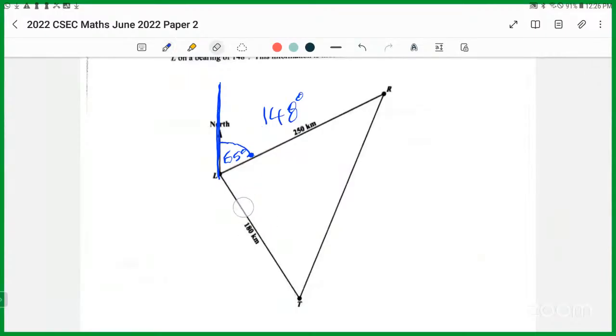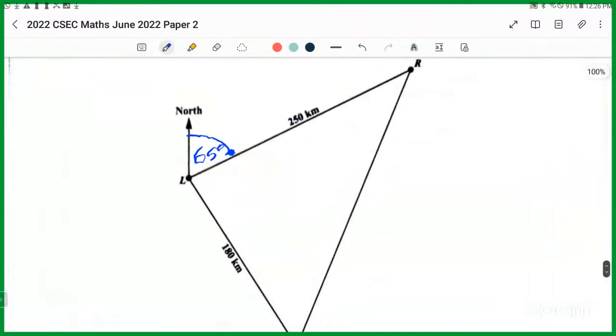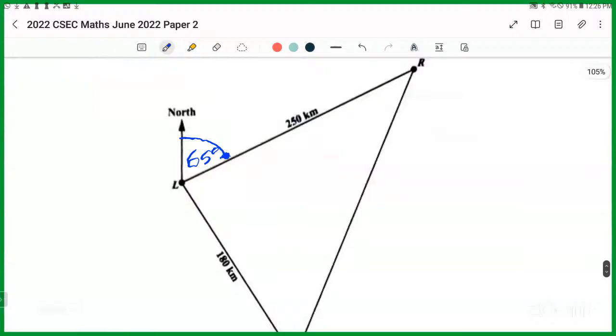Let's put that a little bit neater. So this angle over here now is 148 degrees, the outer one.